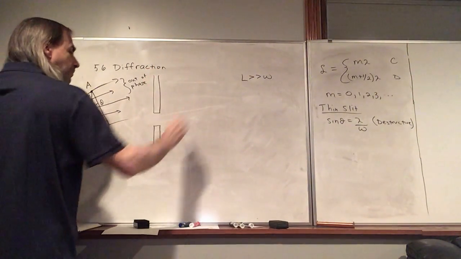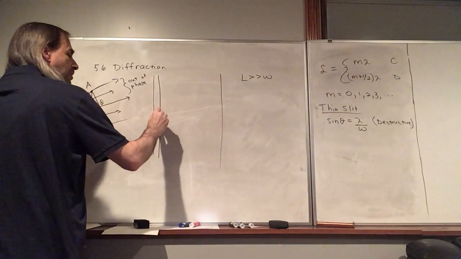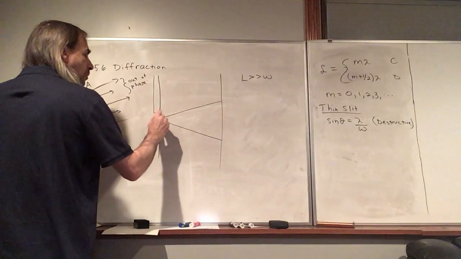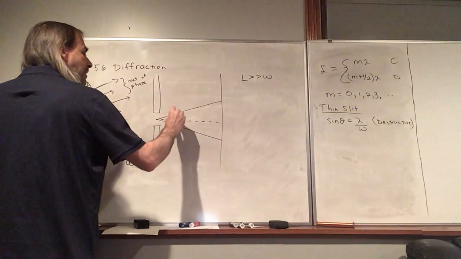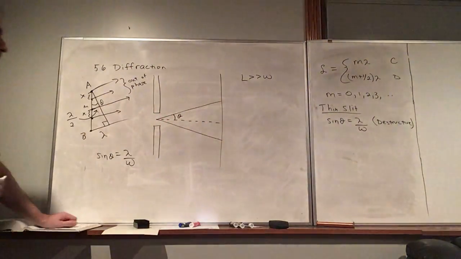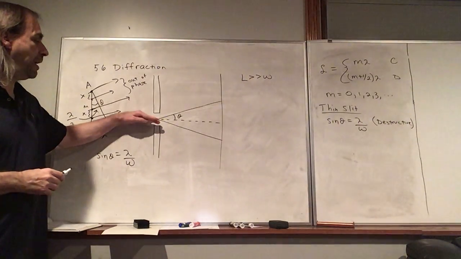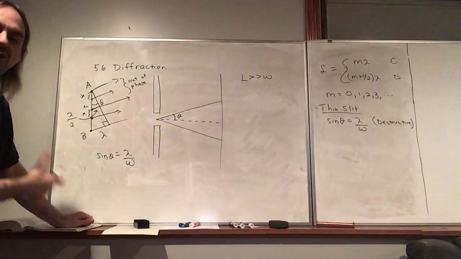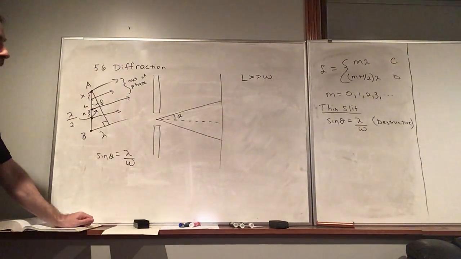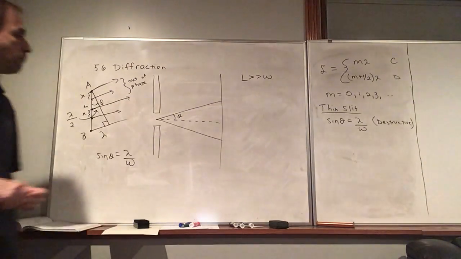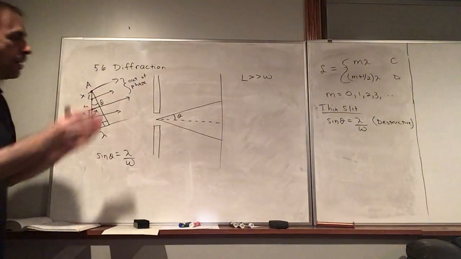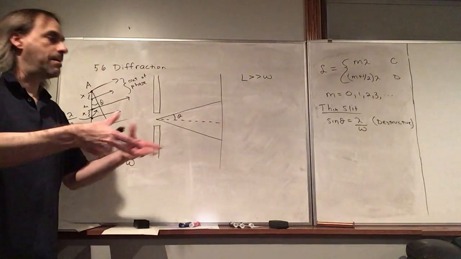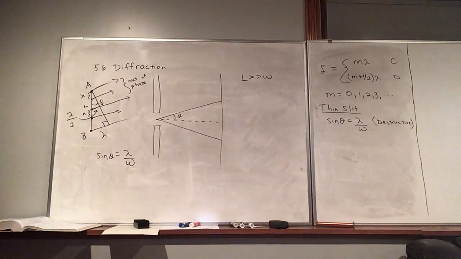So here's our slit, here's our screen, and basically the energy is directed in this cone that makes an angle theta from the center of the opening to that first minimum. That's where almost all the light is going. And so usually it just spreads out, and this angle gives us a good idea of this cone that's coming from this opening.